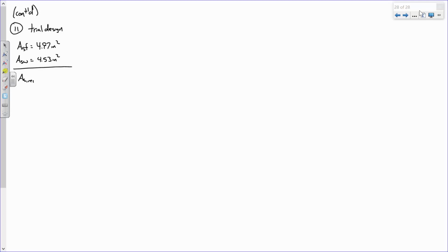AS required is 9.50. Just add them up. Now that's a lot of steel. But this beam's got a lot of moment on it. I mean, it's got 920 foot kips of moment. That's a lot of load. So it sort of fits. Here is what I did for my design for this problem. So I'll just show you.